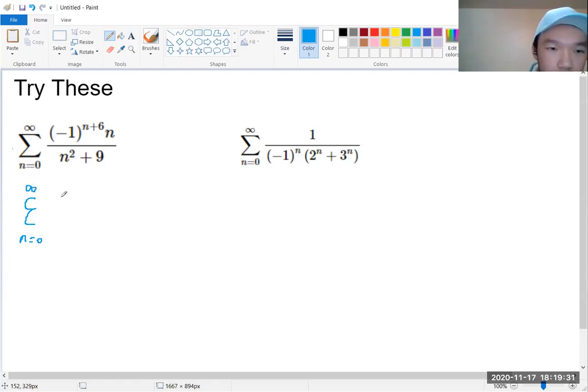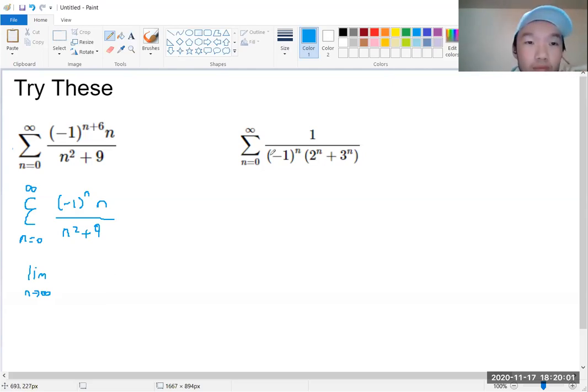Yeah, so this is the same as negative 1 to the n, because the first term is positive, so whether you say n or n plus 6 doesn't really change that, times n over n squared plus 9. All right, cool. So it's an alternating series. What is b of n here? N over n squared plus 9. Yep.